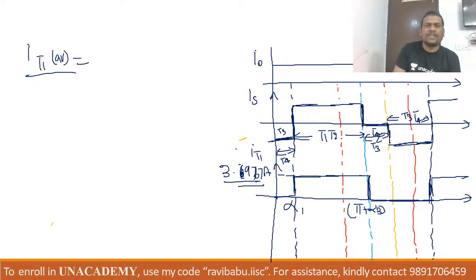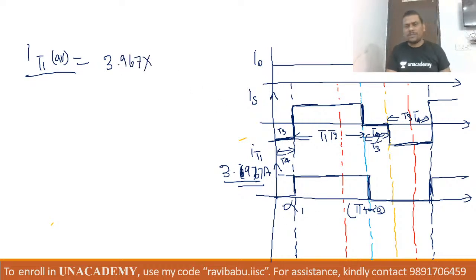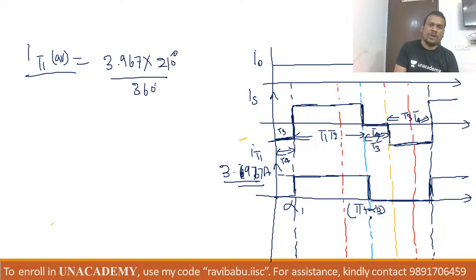Now what will be IT1? IT1 average is nothing but 3.967 into this width. How much is this width? It is 30 degree less, and this is 60 degree extended, after which your alpha is completed. So this angle is 240, and 240 minus 30 is 210. So 210 degree divided by 360 degree will be the average current.